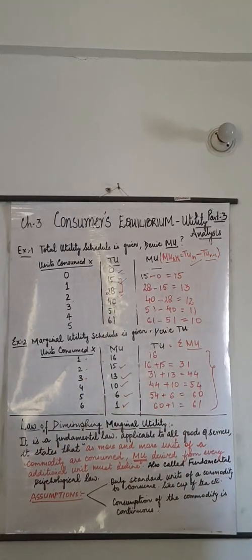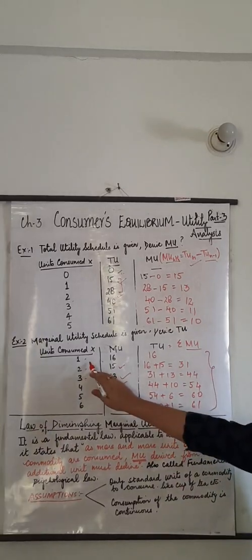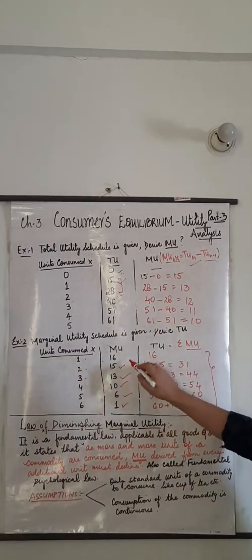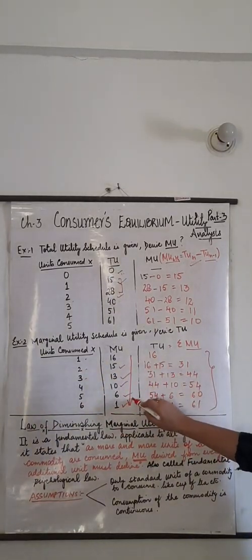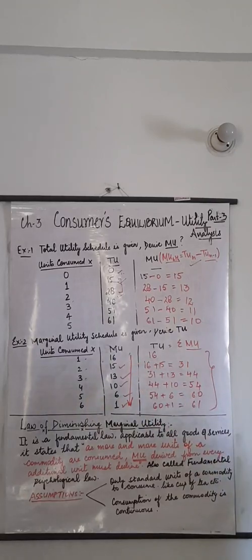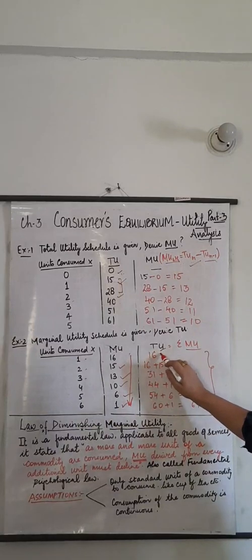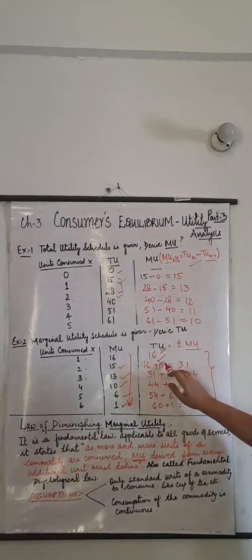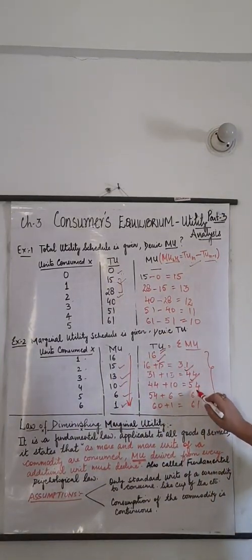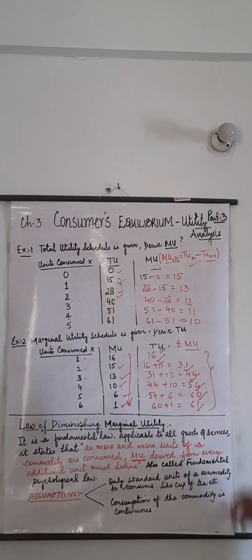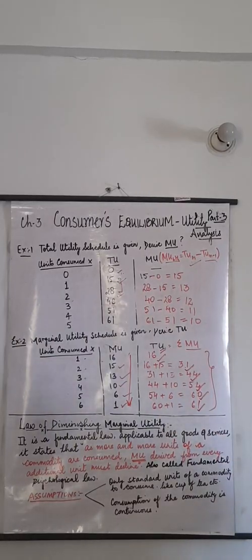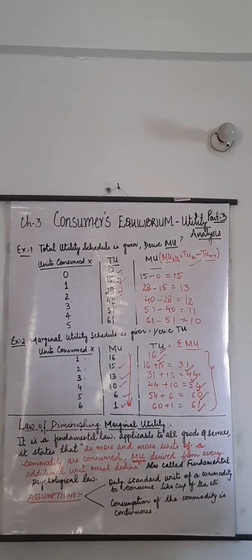You can see this pattern that with every additional unit, our marginal utility is declining. But when you look at the total utility, it is increasing: 16, 31, 44, 54, 60, 61. So it shows the clear relationship that if MU is declining, total utility will still increase.